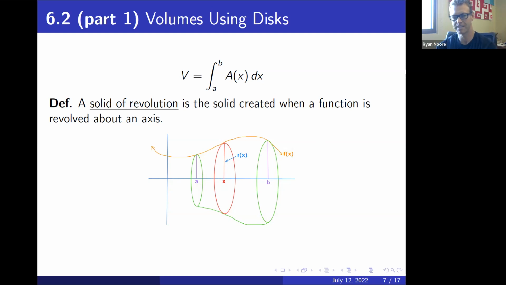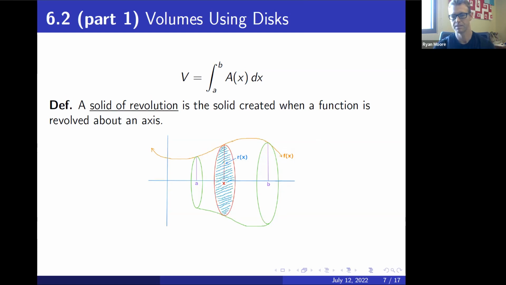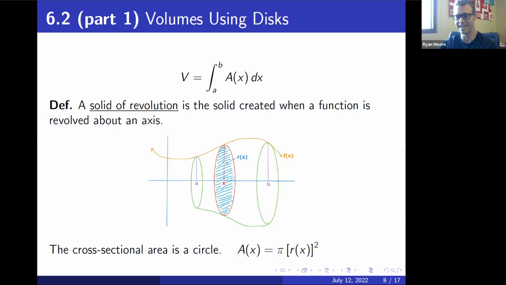How do we find the cross-sectional area? How do we find the area of that red circle? If you remember, it's the area of a circle, pi r squared. Okay, so that's the cross-sectional area we're looking at. Perfect. The cross-sectional area is a circle. So we would say that A of x equals pi r squared.